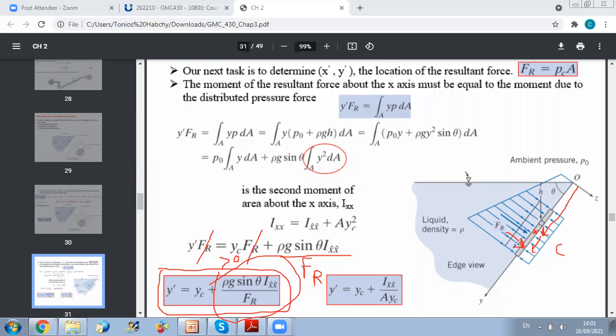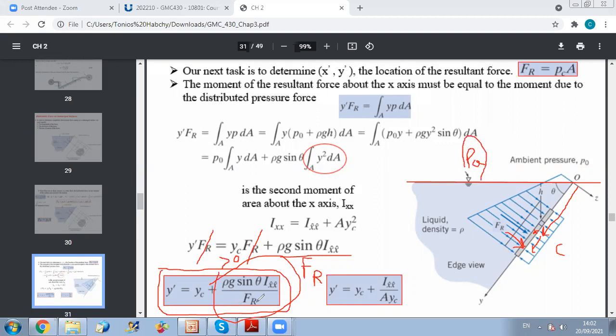Now, in some particular cases, if you remember, we said that at the surface level, we can have any pressure that is imposed. If it is the atmospheric pressure, in general, I can say that atmospheric pressure is neglected compared to the pressure in the fluid. So if I have a very small pressure over the surface, what can I do?